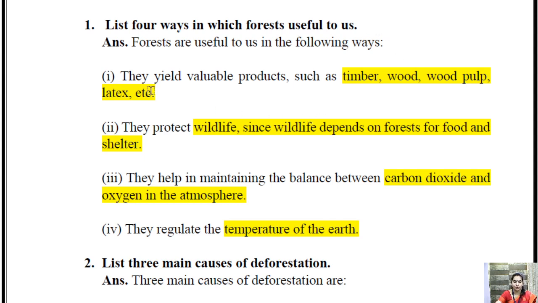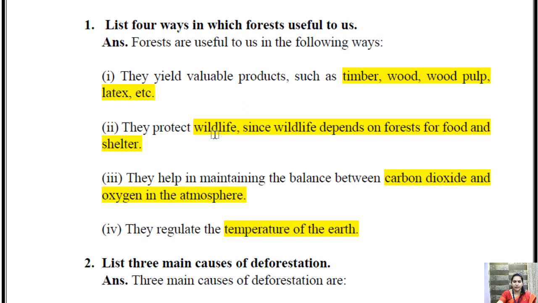So here are the 4 ways that we get some valuable products from forest like timber, wood pulp, latex for making furniture, for paper production. So all these things we get it from plants or forest. Okay. They protect wildlife, since wildlife depend on forest for food and shelter.